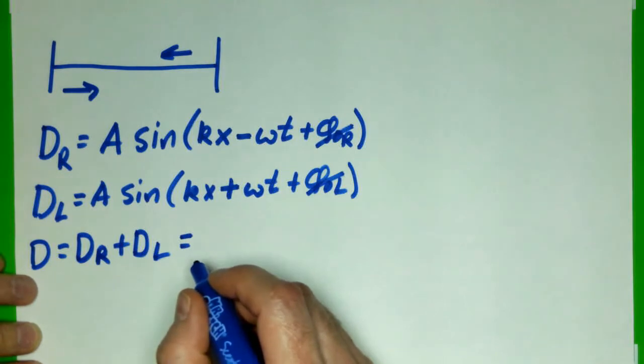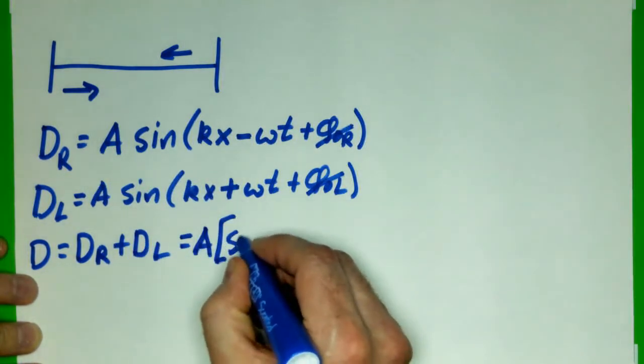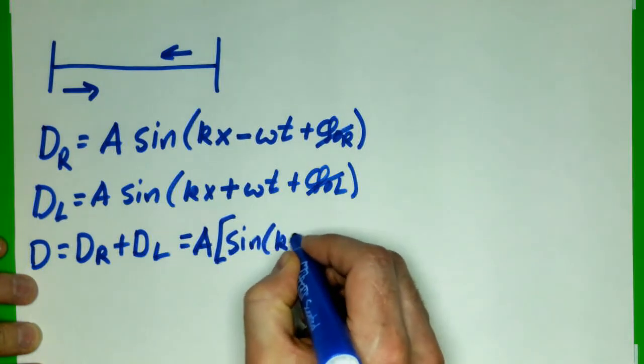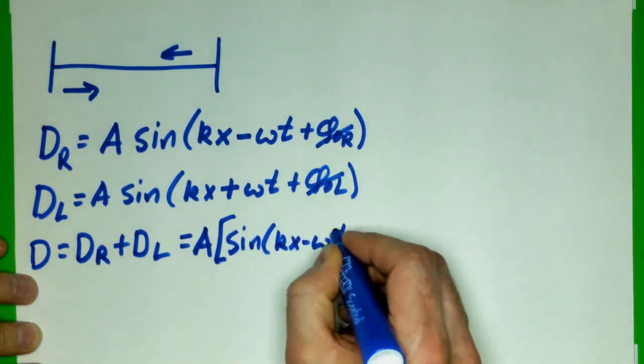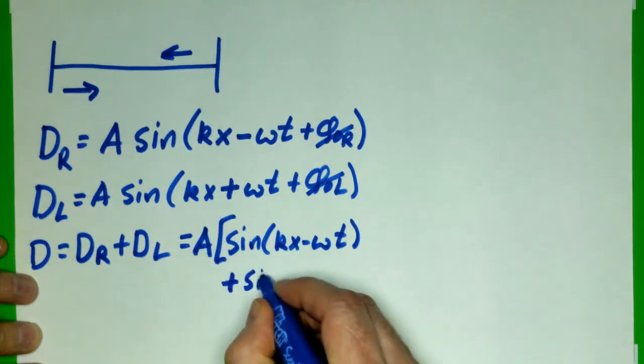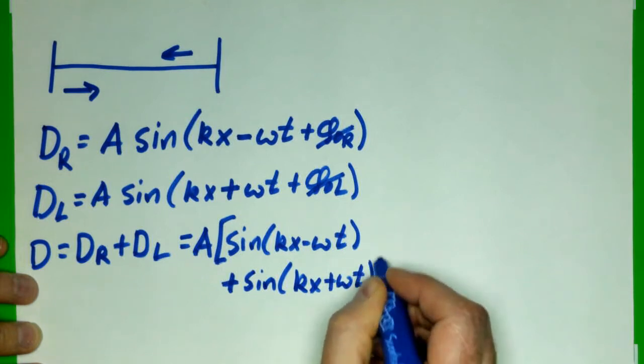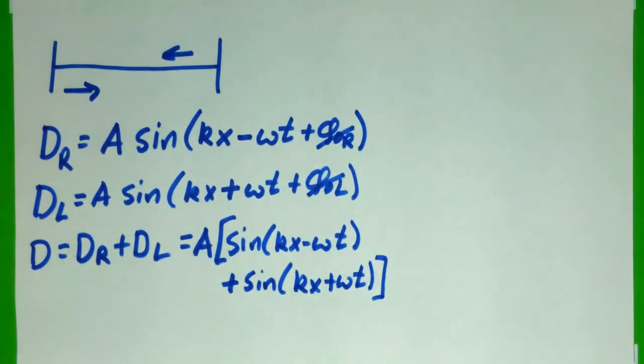Writing that out, it's going to be A times sine of kx minus omega t plus sine of kx plus omega t. If you enjoyed your trigonometry, you'll see there's a trig identity we could play with.